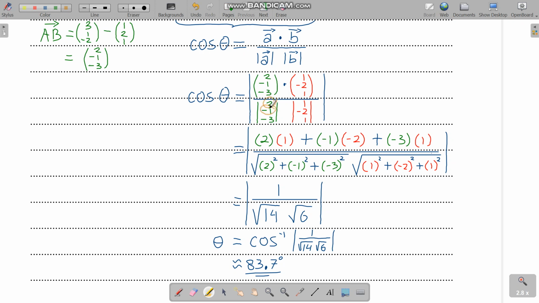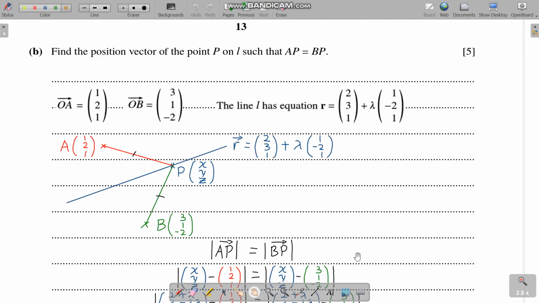So 2 squared, minus 1 squared, minus 3 squared, and so on. We have the magnitudes, and using a calculator we get this. Remember, this is still cos theta, not theta, so we still have to use inverse cos, and we get the angle.